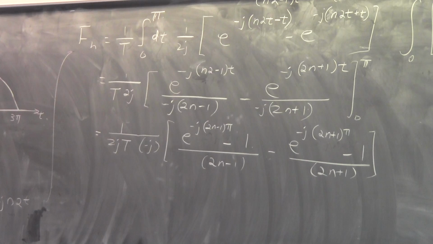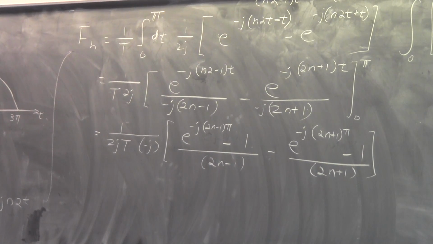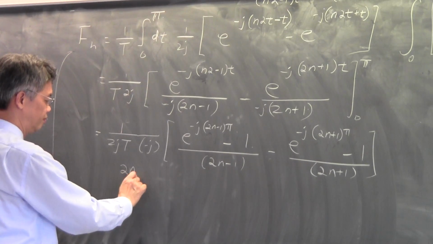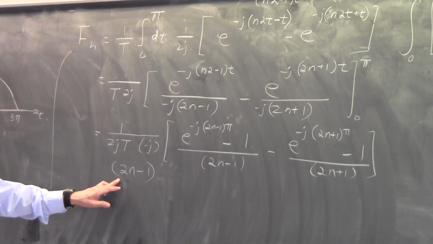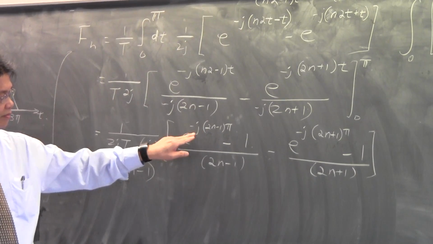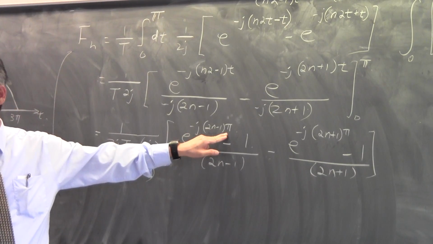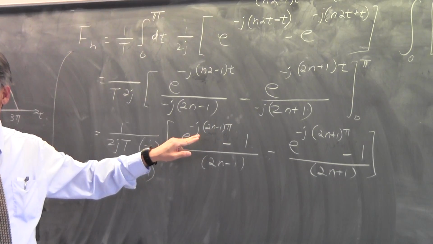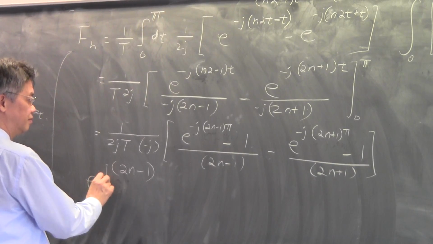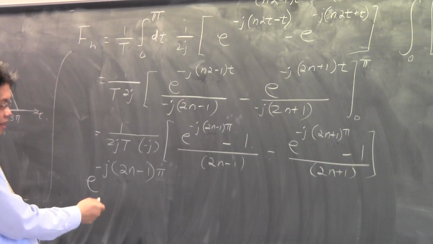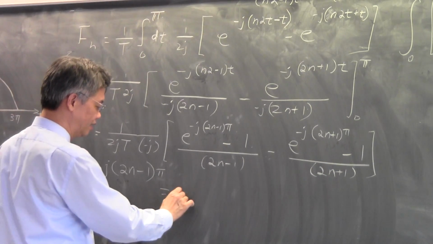And what is e to the minus j (2n minus 1) pi? 2n minus 1, is that always an even number or an odd number? Is this an even or an odd number always? It's always odd. Okay? If this number is always odd, e to the minus j times an odd number times pi is always negative 1, right?